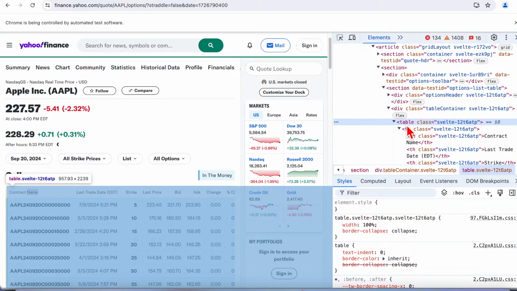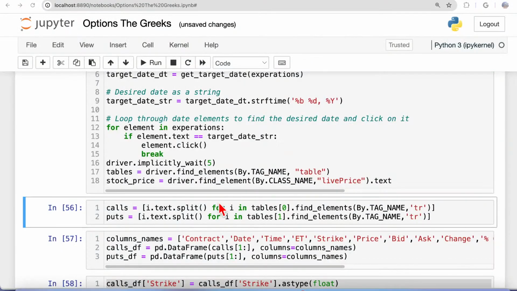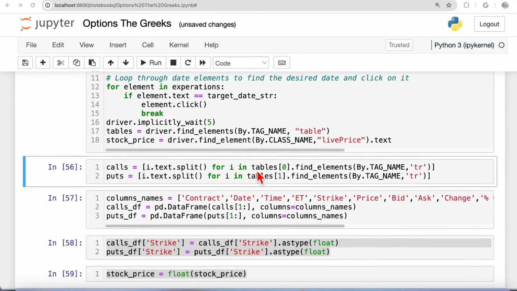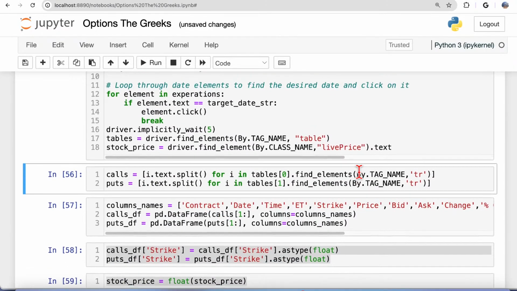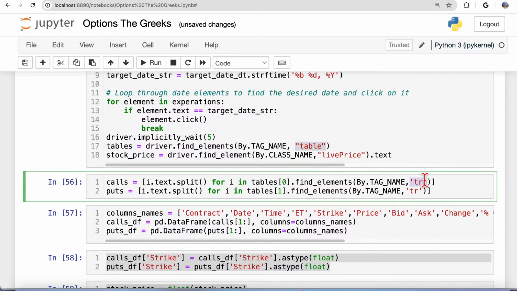So what I'm looking for is how to grab that table so I could actually download that data on my computer so I could manipulate it even further, all right? So that's why here I got calls and puts, and you see I'm looking for a table, and then from each table I want to get TR, which is table row, you see?